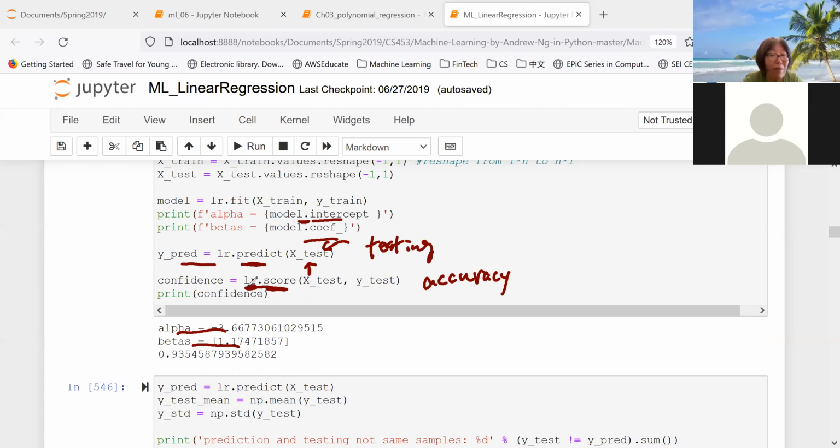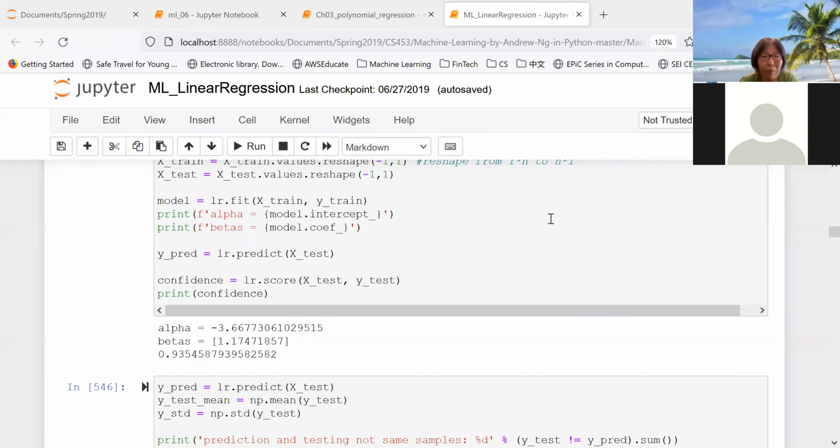For sklearn, you can directly call the model's score method, plugging in the testing data's features and the target values. That will tell you the accuracy. In this case, it's around 93.5%, so it's a good accuracy.